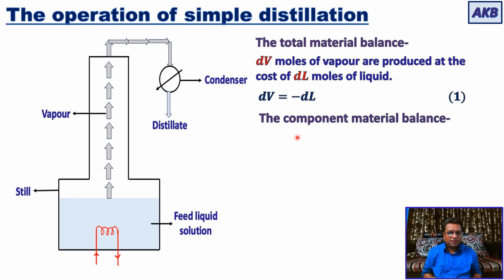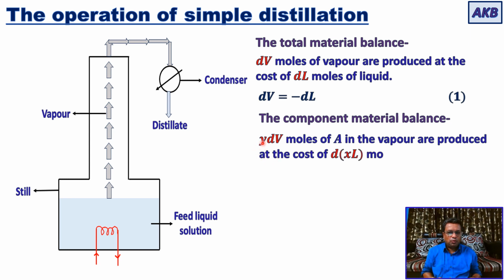Now, in the same way, you can write the component material balance. Here we are going to consider the more volatile component, which in this case is A. So let us first understand this. Whatever dV moles are produced, y into dV will be the moles of A in the vapor.